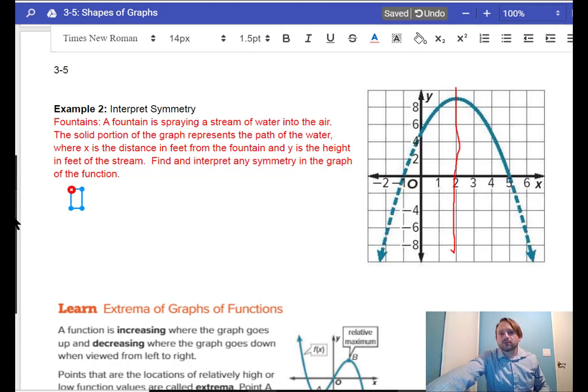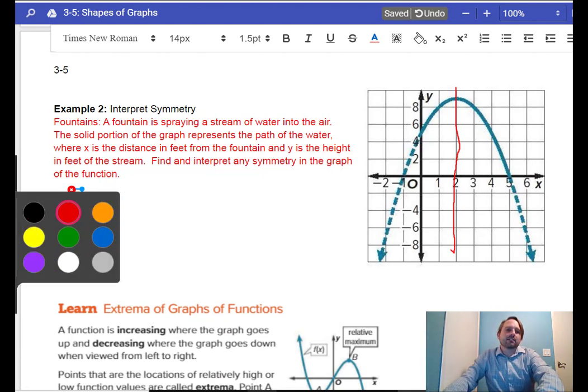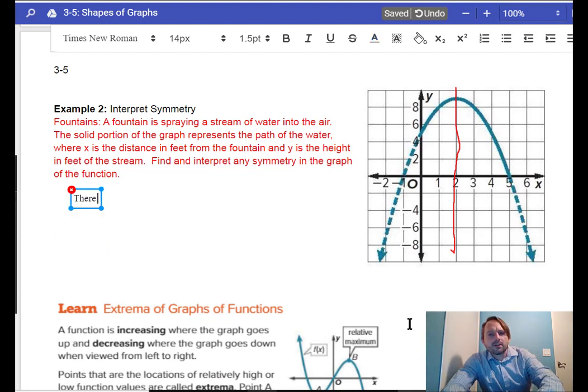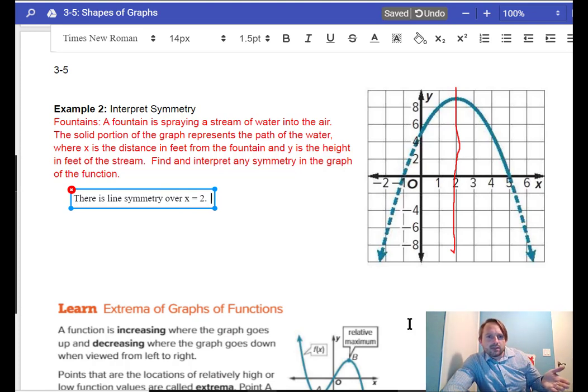All right, so let's write it. Well, I'm going to do black. There is a line symmetry over x equals 2. So the height goes up, and then it doesn't have enough power to keep going up, so it comes down.